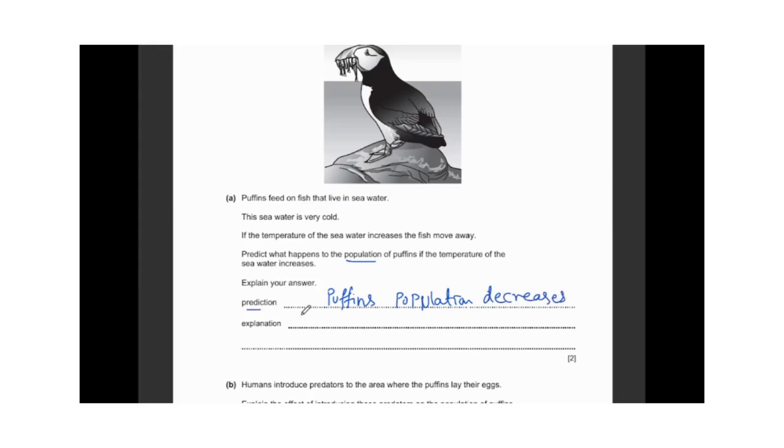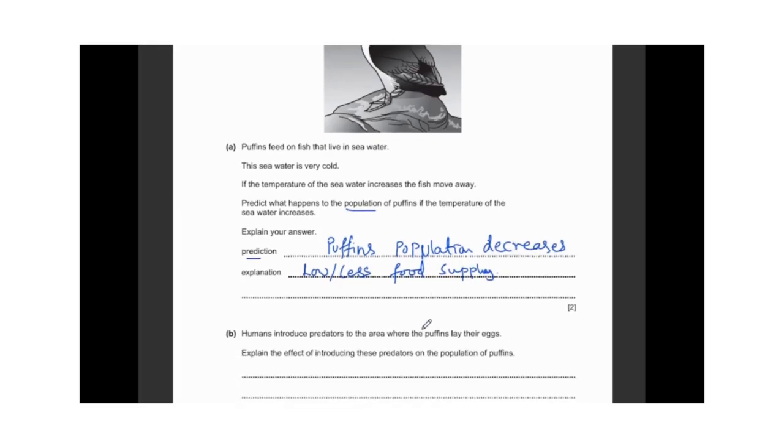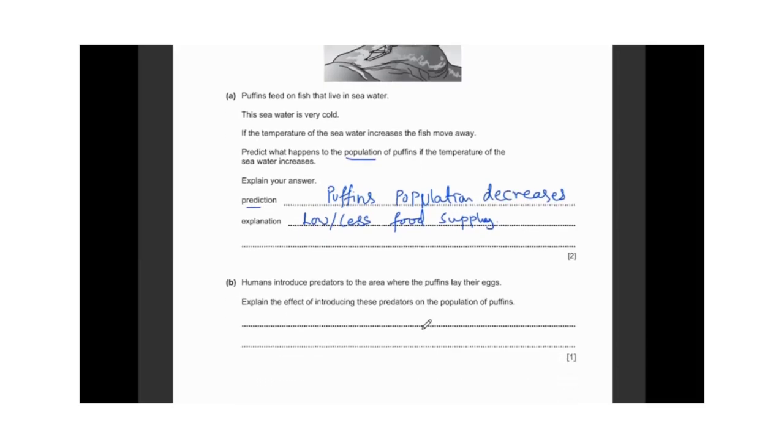We can say that their food, a low or less food supply, must be one of the important reasons, right? Because as the temperature increases, the fishes are migrating. So basically here puffin population will decrease. Okay, that's for 2 marks. One is for the prediction and 1 mark is for your explanation. Fine, next move to the next question.